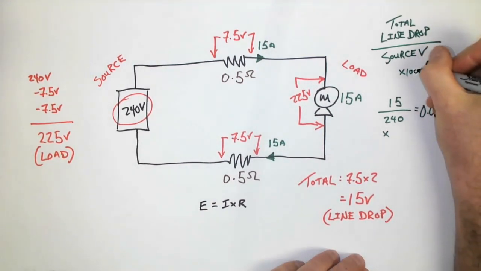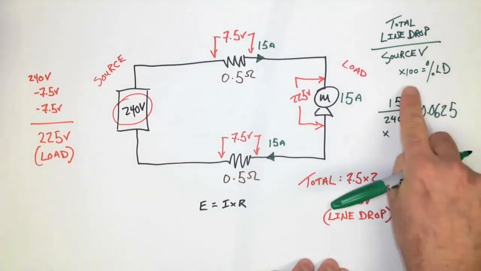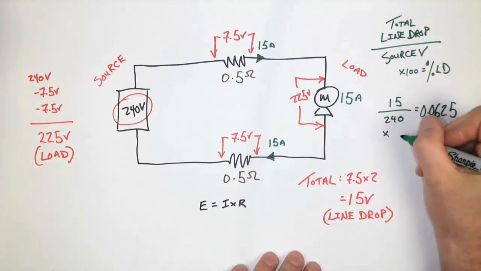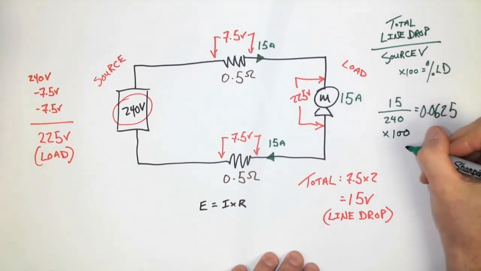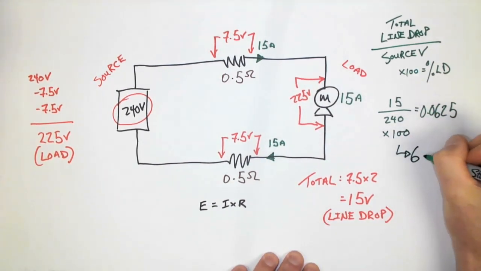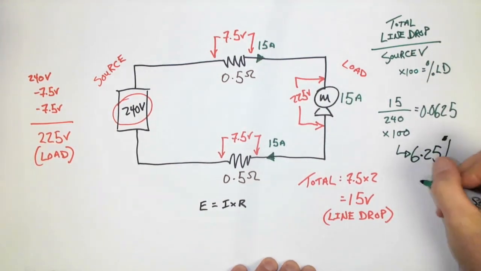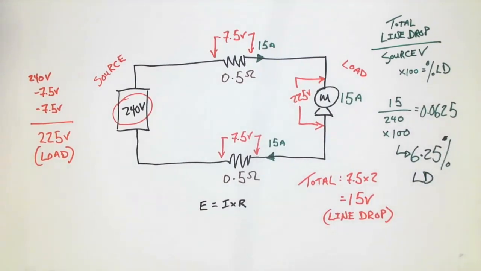Geez, I'm losing my mind here. All right, so multiply by 100, which moves the decimal place over. That is 6.25% line drop. Whew. All right, so that's how we go about calculating percent line drop, as well as calculating what the total voltage is that's dropped on the conductors and the load voltage.